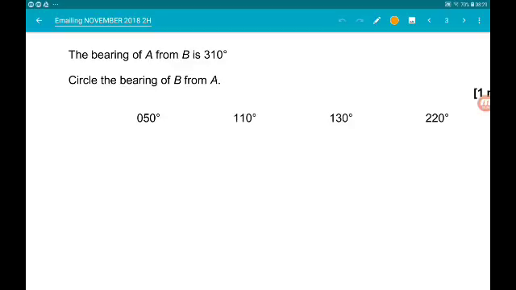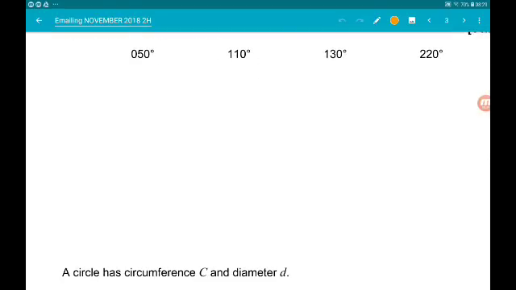So, let's make a sketch. Let's put A there, and then because the bearing of A from B is 310, B is going to have to be down here somewhere.